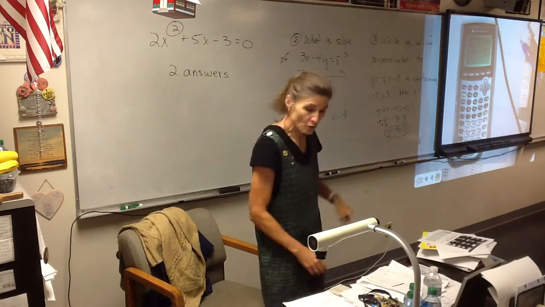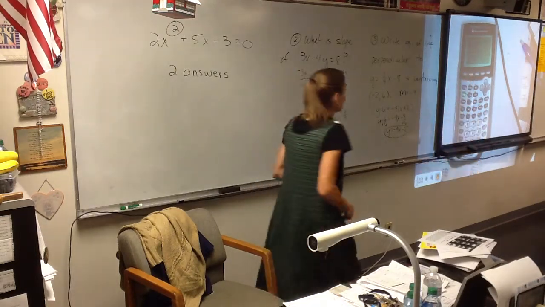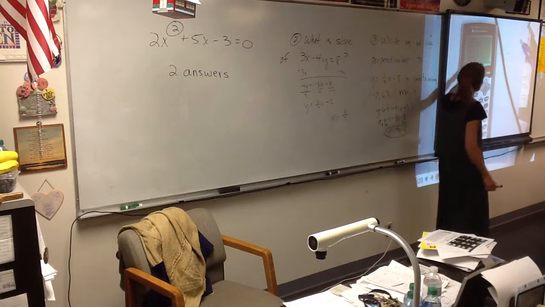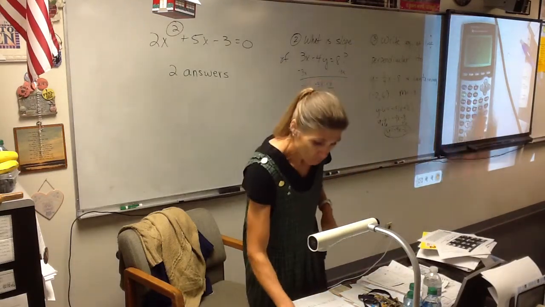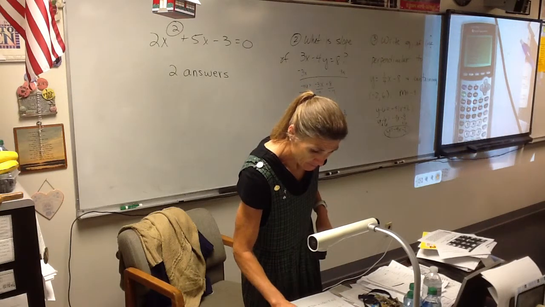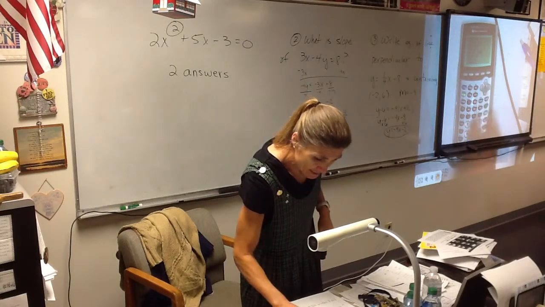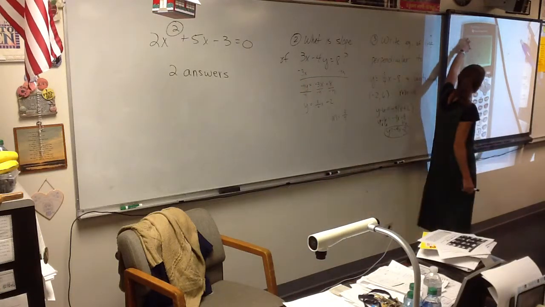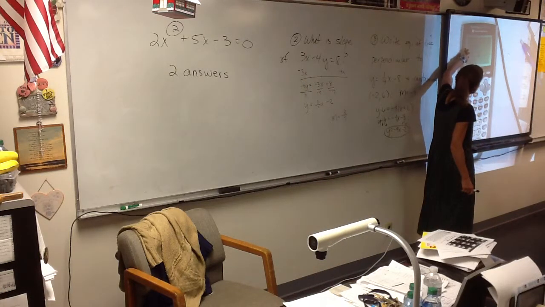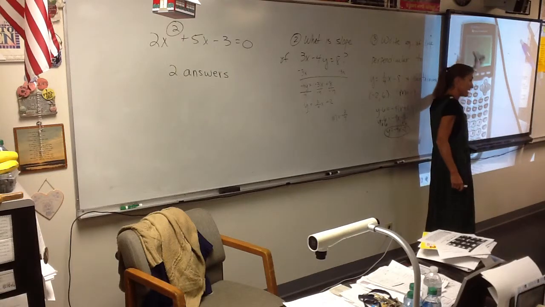So once I get it turned on, I'm going to hit my window button. And I'm going to make sure that my window is standard. What that means is that I should have it set up so that my x-min, x-max, y-min, y-max are -10 to 10.